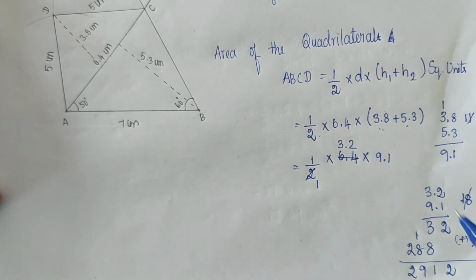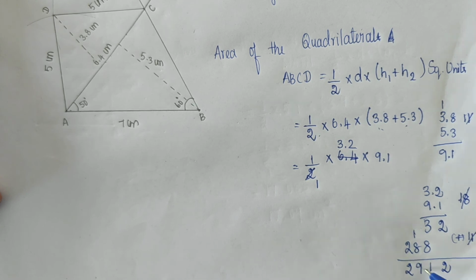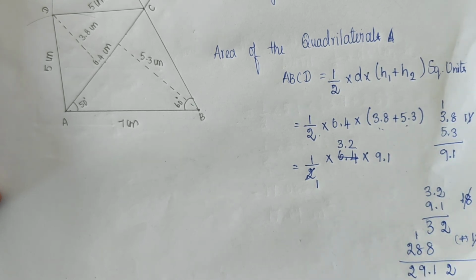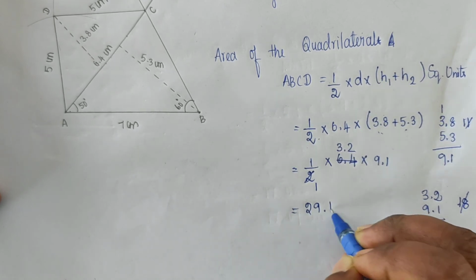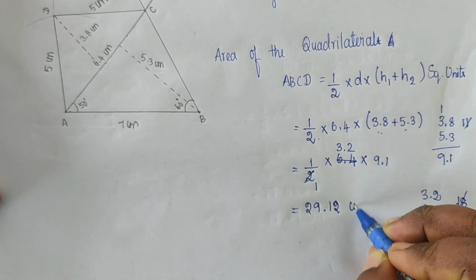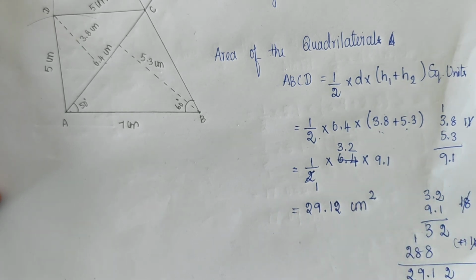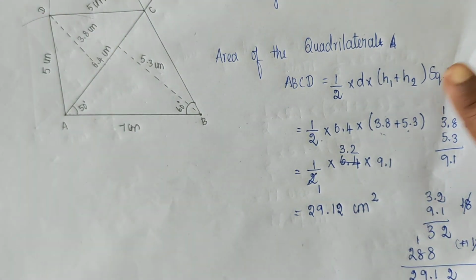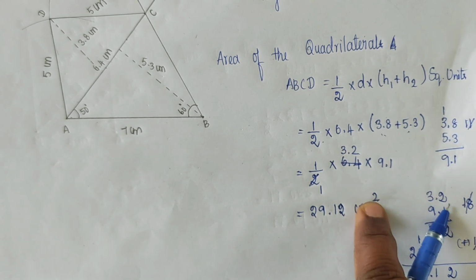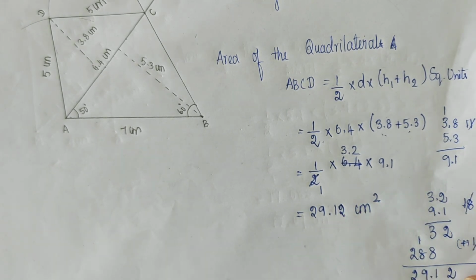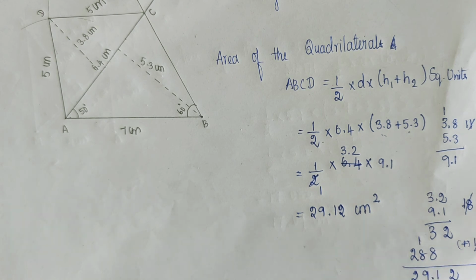So totally 29.12 centimeters square. Square unit, so we write centimeters square. Okay, students, can you understand? Write in your note.